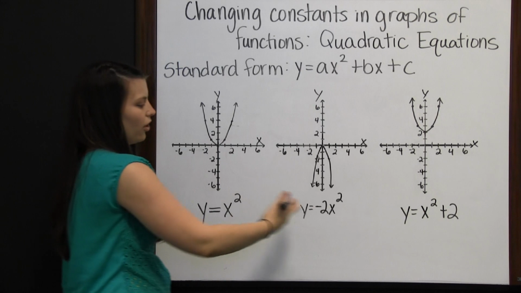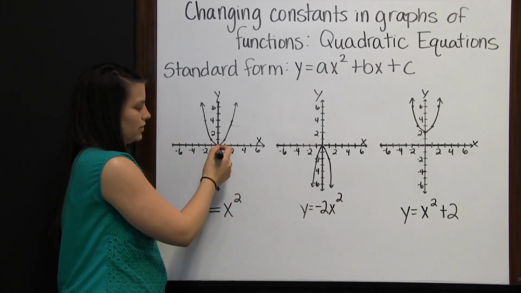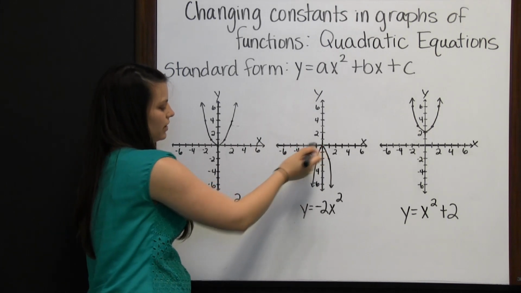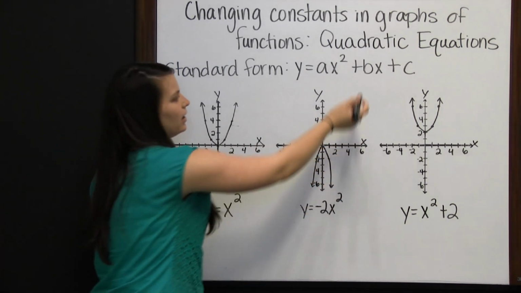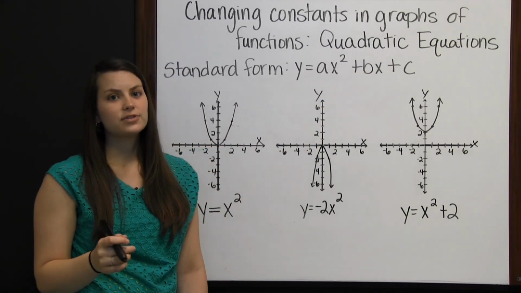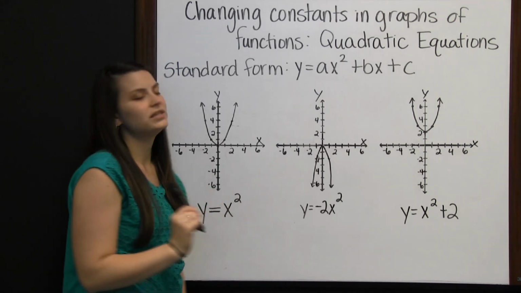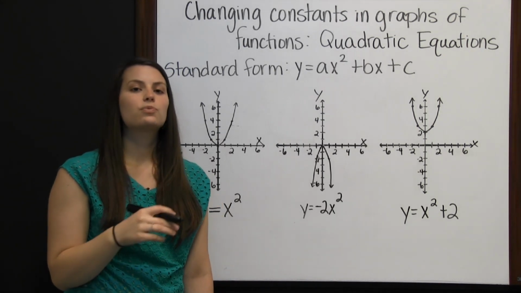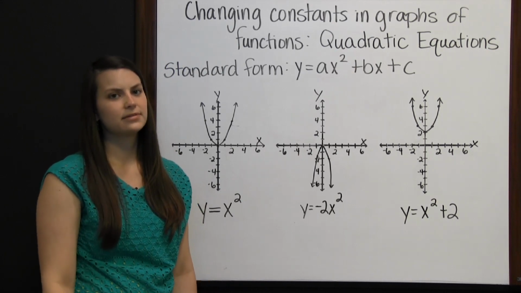And that's the same for all of these. The c is 0 for both of these graphs. Notice the vertex is at 0. But that's because neither one of these have an x term either. So when you throw that middle term in there, that x term, then it starts moving the graphs around. However, the c will always be the y-intercept. It just won't always be the vertex as well as the y-intercept.